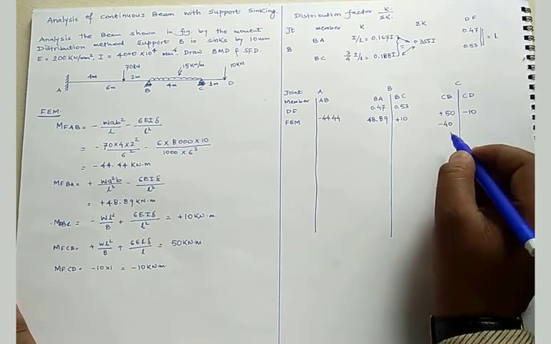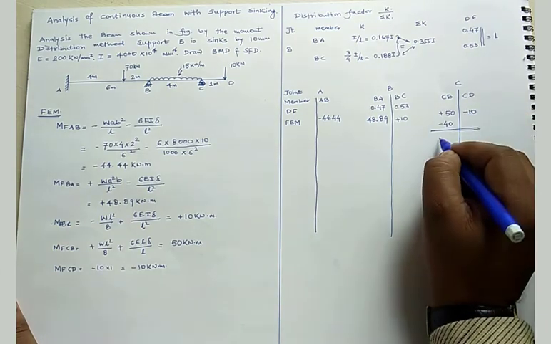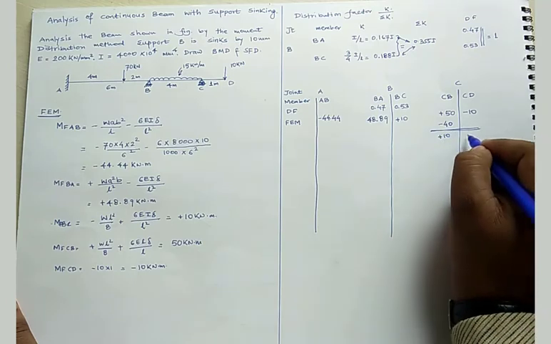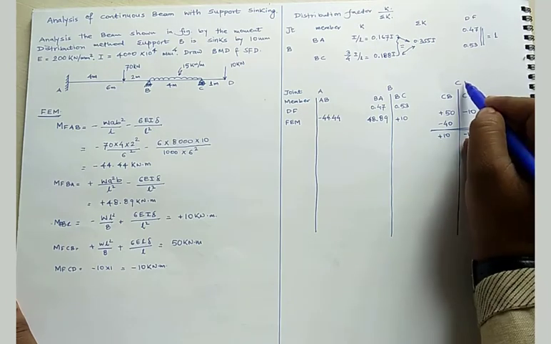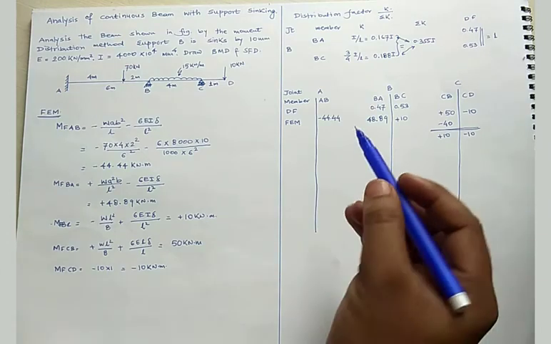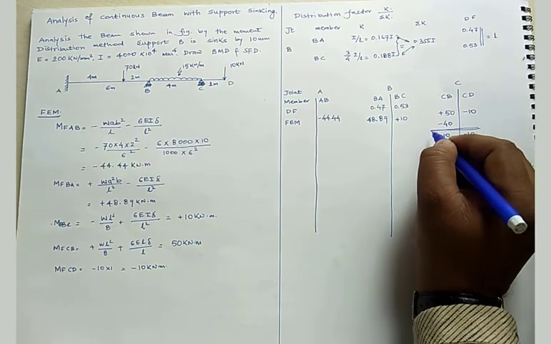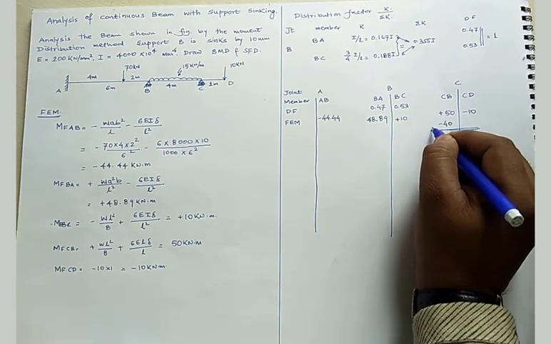So this is what we have to do to make it plus 10, and this is minus 10. So here the C joint is balanced. Now we have to balance the B support. To balance the B joint, we have to go for the carryover.